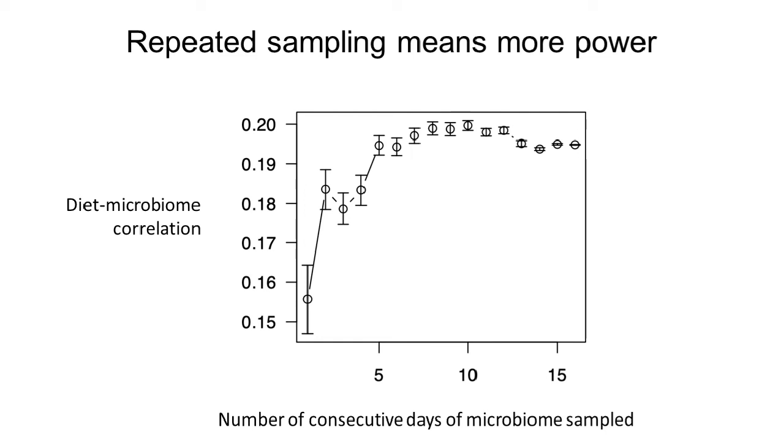And this maybe is kind of obvious, because if you're doing a cross-sectional study, and you have several microbiome samples and average them per person, you're averaging out the daily variation or temporal fluctuations in each person. You're getting rid of noise, so that's what's increasing your power.